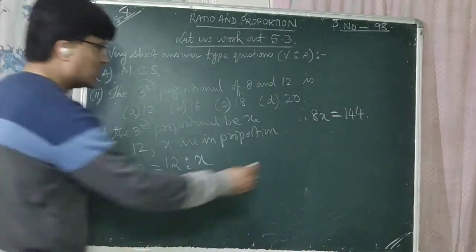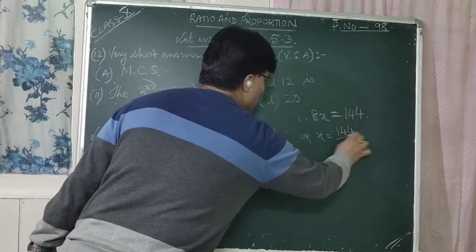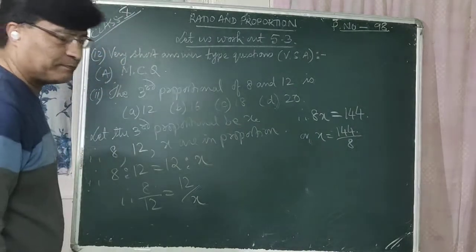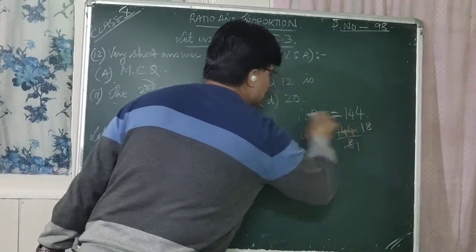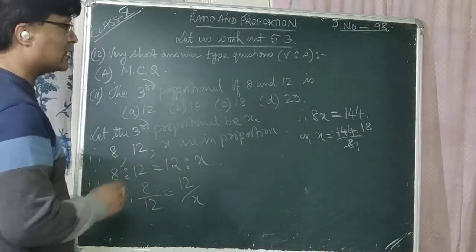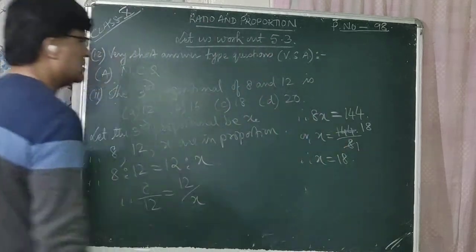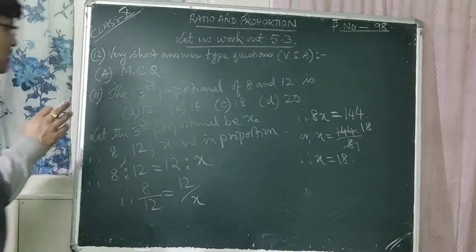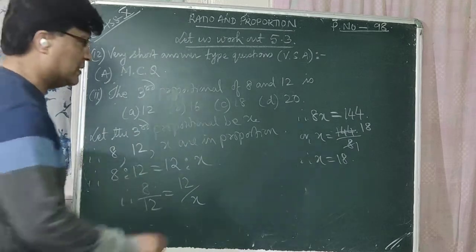So x is equal to 144 divided by 8. So you can cancel, 8 ones are 8, then 64, 8 8s are 64. That means x is equal to 18. So the third proportional is equal to 18.